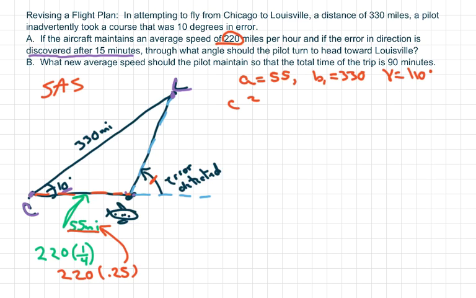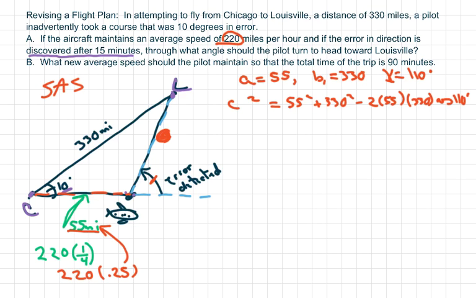What we're finding is this side here, the side across from gamma. So C squared equals 55 squared plus 330 squared minus 2AB cos of 110 degrees.